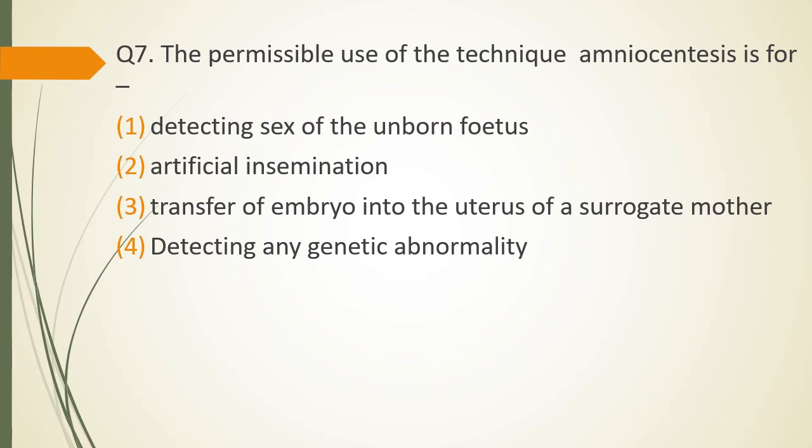It is a banned technique, or rather its use is limited to only certain specific reasons. Which of the following is the main permissible use of amniocentesis? The correct answer is option 4. Amniocentesis is allowed to be used for detecting any genetic abnormalities.